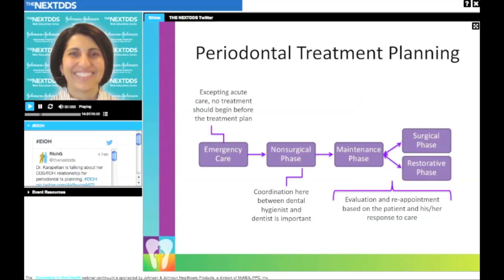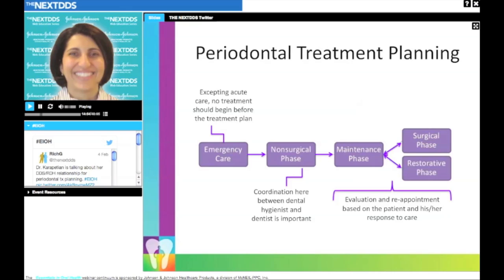In my office, it's usually the hygienist who will treat the patient in the non-surgical phase. Once the non-surgical phase is completed, we have to do an evaluation to see, can we move on to phase 2 therapy, which is active or surgical therapy.